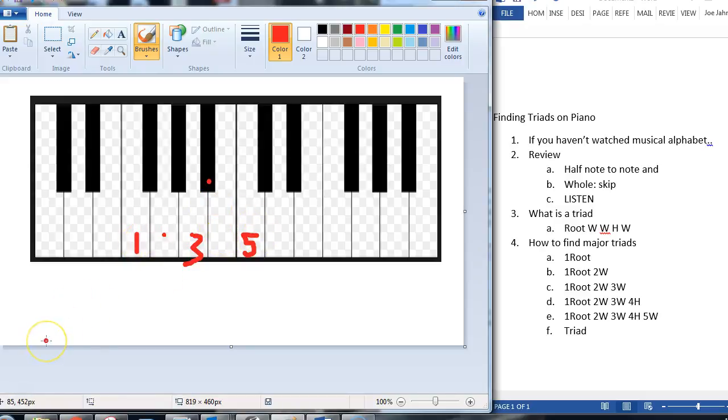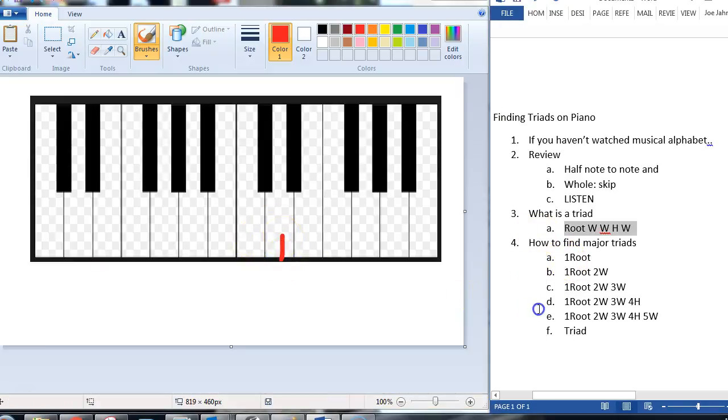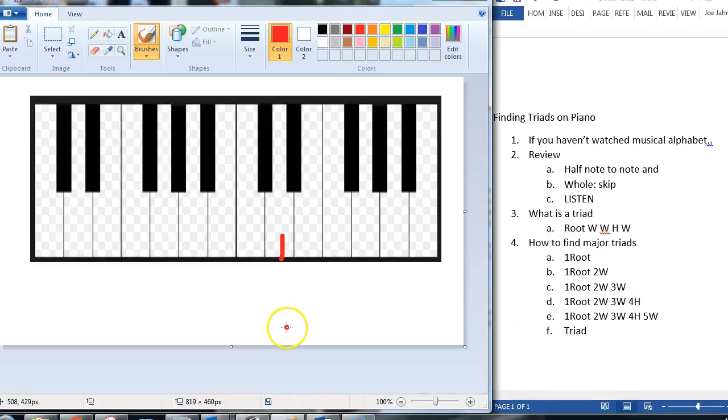Let's do this one more time in a different key. We're going to do it in the key of D. So here's your 1, and if you look at this over here, it will tell you they follow this pattern. There's your root, there's your 1.